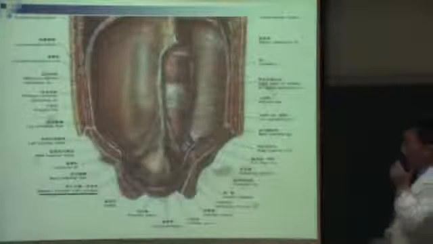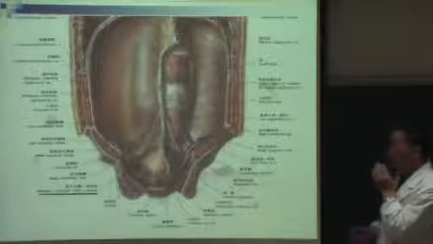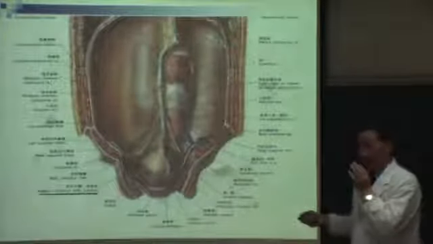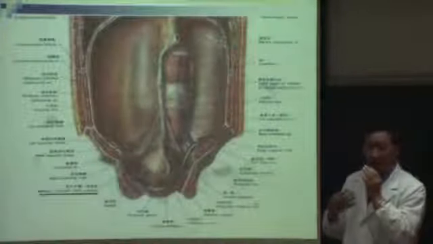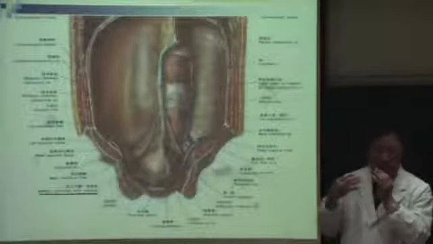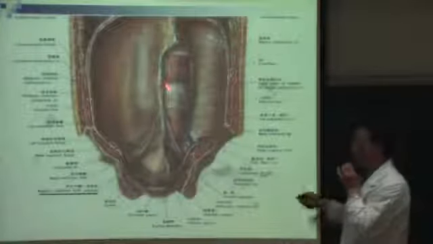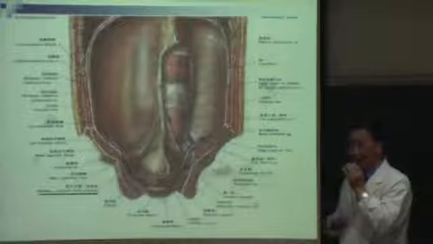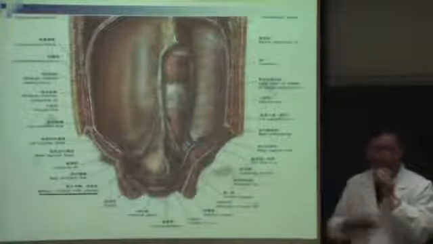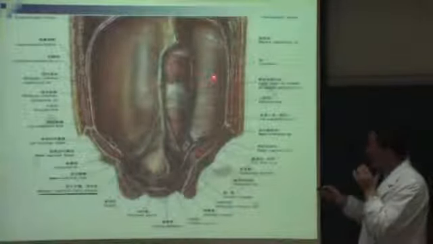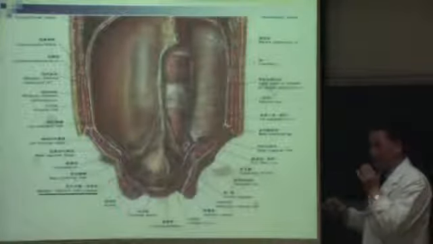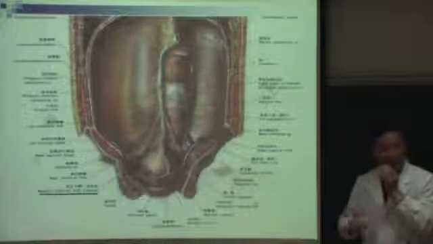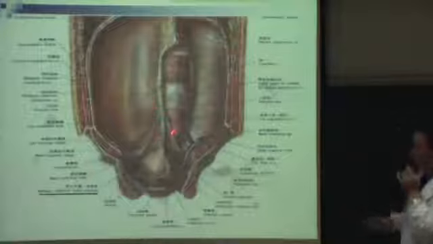Okay, finally, you should identify the structures on the posterior aspect of the anterior wall. You have already opened the anterior wall. You can see the structures from the inside of the anterior wall.